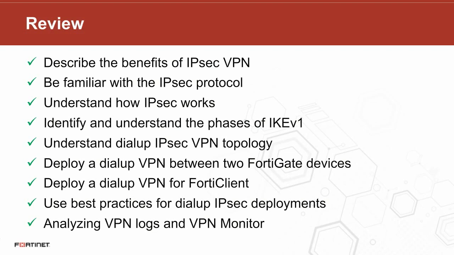Identify and understand the phases of IKEv1. Understand Dialup IPsec VPN topology. Deploy a Dialup VPN between two FortiGate devices. Deploy a Dialup VPN for FortiClient. Use best practices for Dialup IPsec deployments. Analyze VPN logs and VPN Monitor.